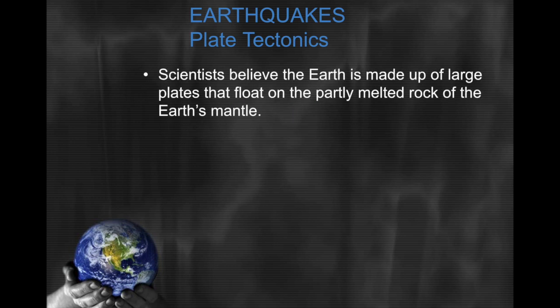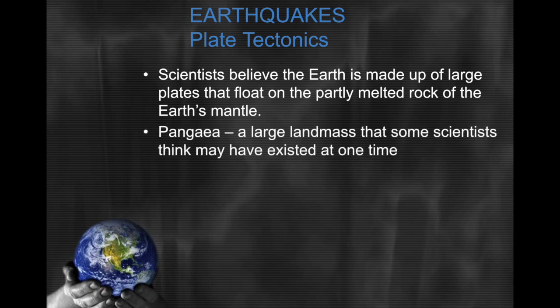So scientists believe the Earth is made up of large plates that float on the partly melted rock of the Earth's mantle. Pangea is the idea of a large landmass that scientists think existed a long time ago, when all of those puzzle pieces, as they call the continents, were fit together.